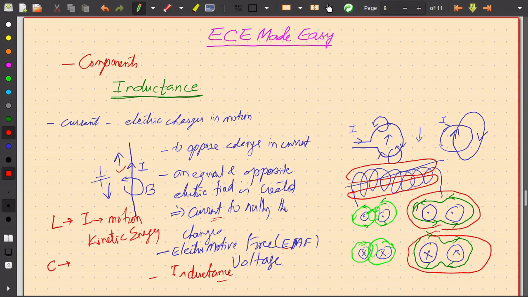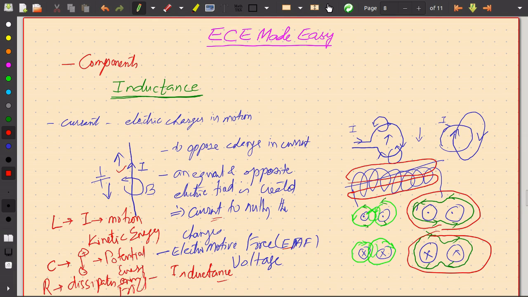When you talk about capacitance, capacitance is the difference in potential energies, so this has to do with potential energy, whereas resistance is the one which dissipates energy in our physical world. So the capacitance and inductance.